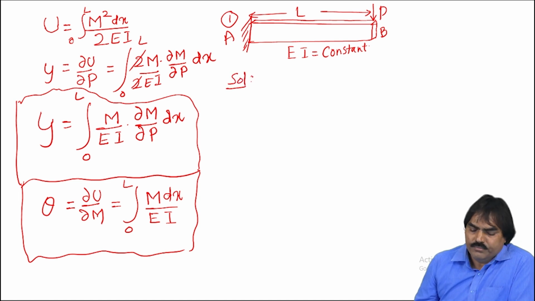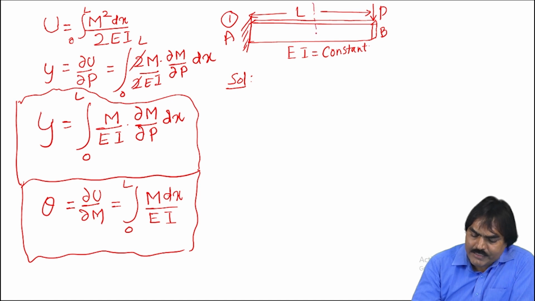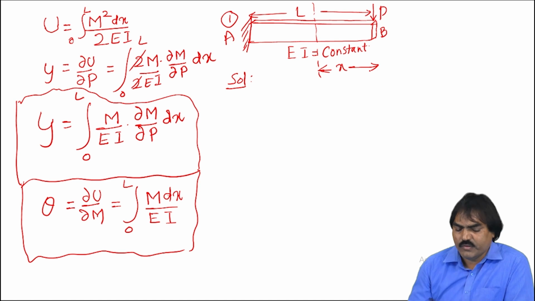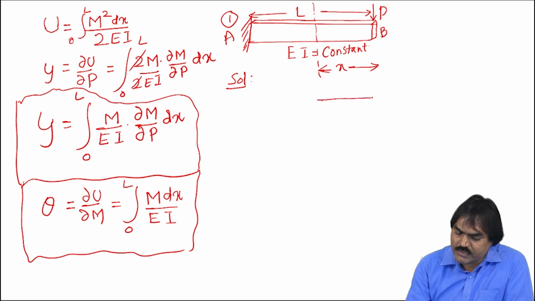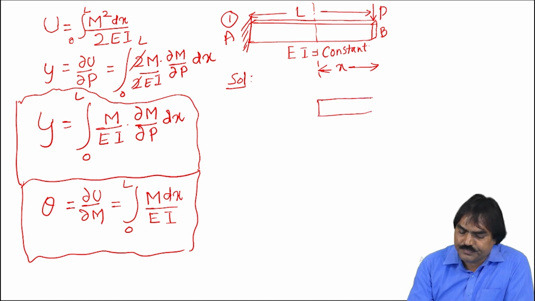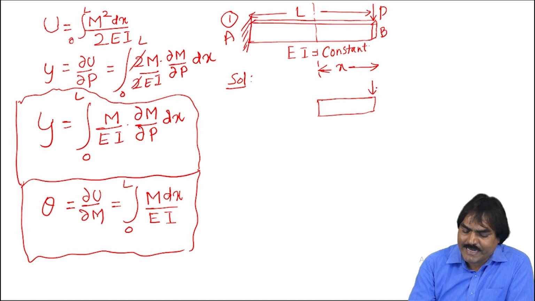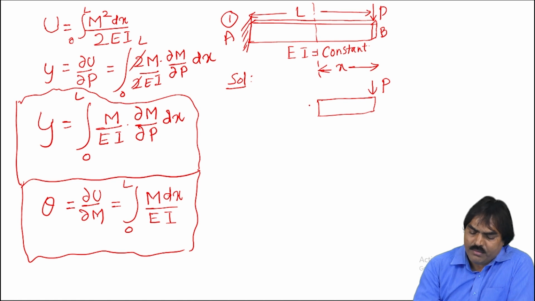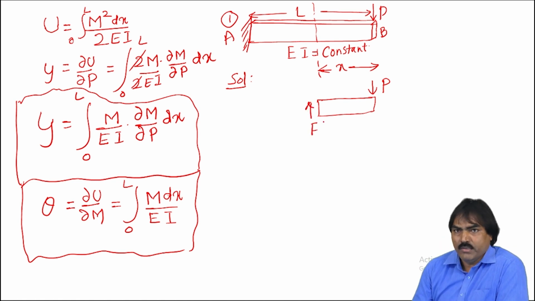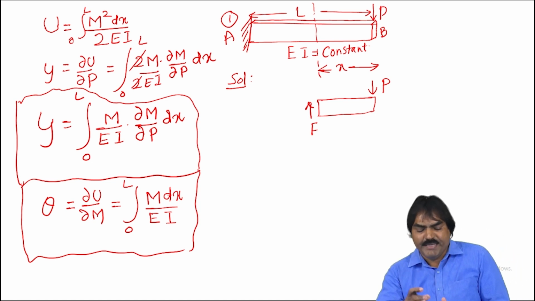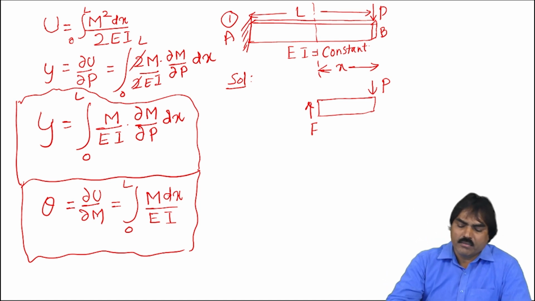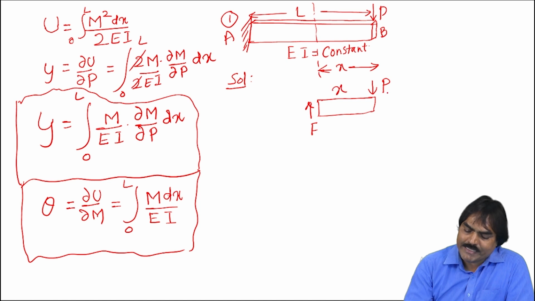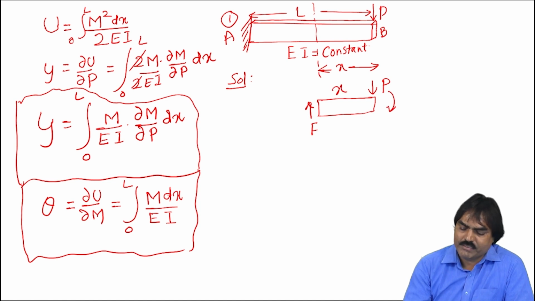Okay. When I take a section here, a distance equal to x. Now this is the free body diagram. The load is acting down. To keep this element in equilibrium, there must be a force F upwards called the shear force. So that because of the F and P, the force is balanced, but since they are separated by distance x, this will try to rotate clockwise.